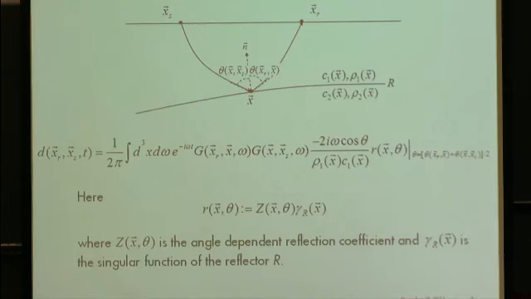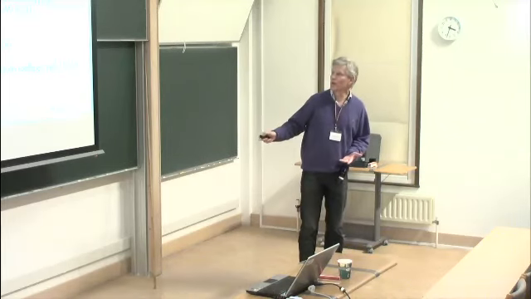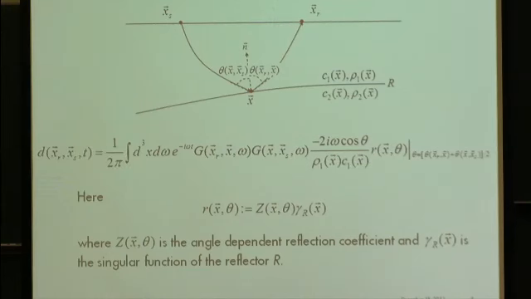Actually, seismic imaging is about, if you're just interested in structural imaging, you want to know this function, this singular function, because that gives you an image of the subsurface. And if you're also interested in extracting attributes, then you would also like to know the Zoeppritz coefficient, so the angle-dependent reflection coefficient.